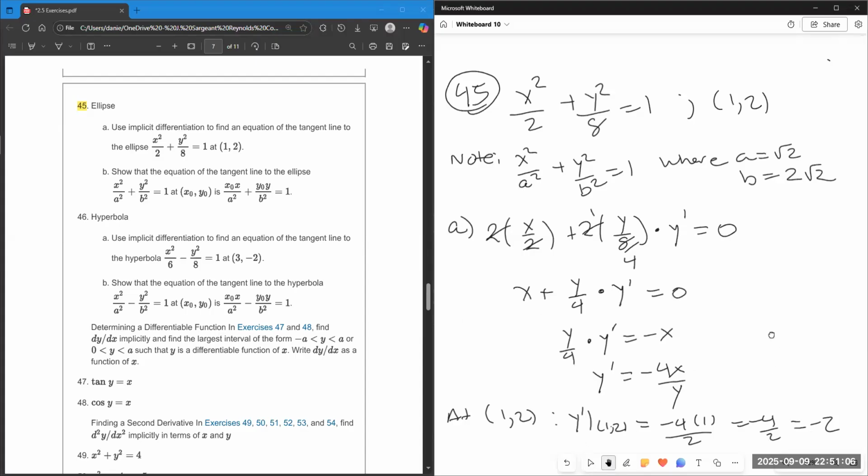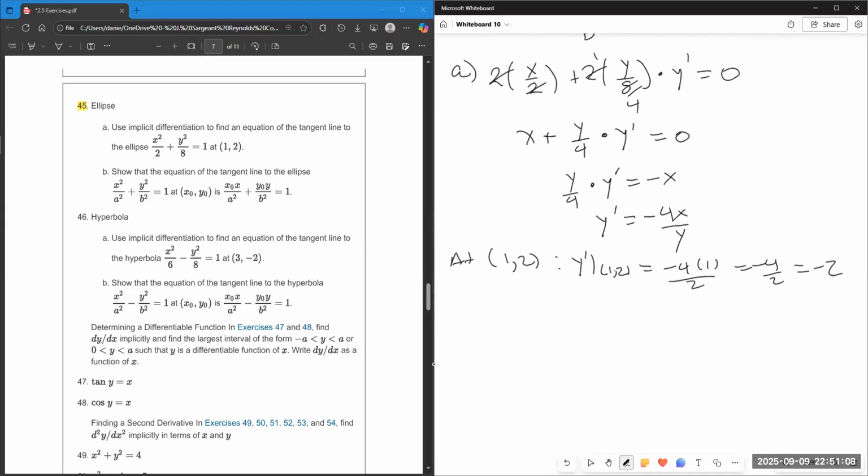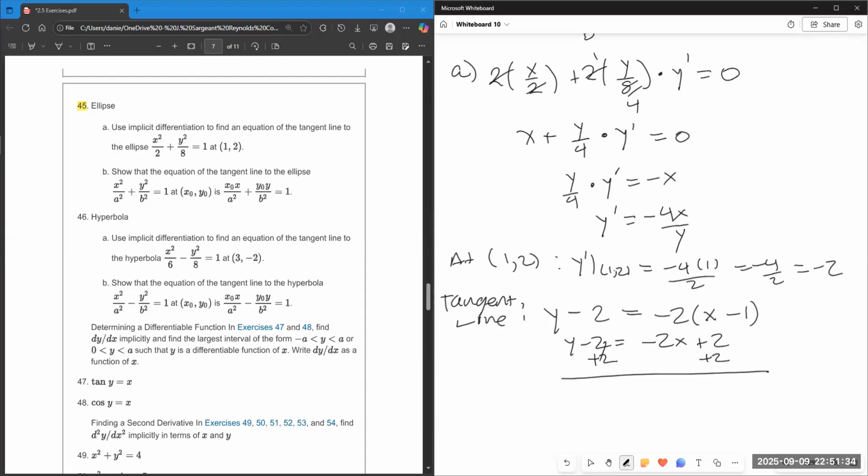That would give me a tangent line of y minus 2 is equal to this m of negative 2 times x minus 1. Y minus 2 is equal to negative 2x plus 2. Add 2 to both sides. My tangent line is y is equal to negative 2x plus 4.